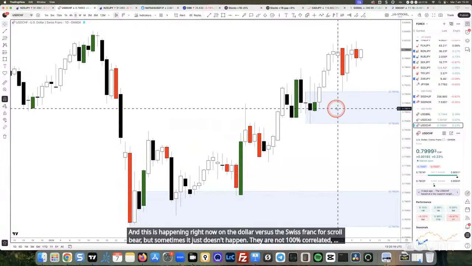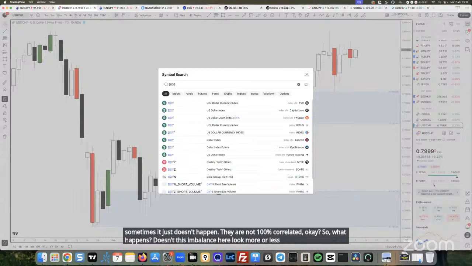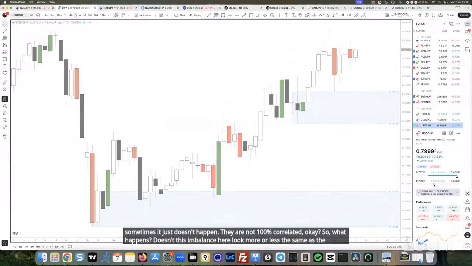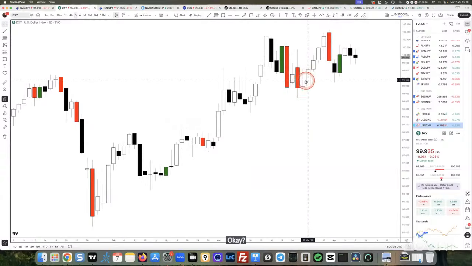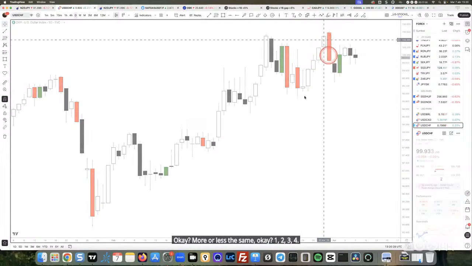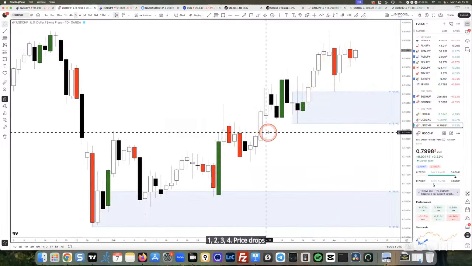So what happens? Doesn't this imbalance here look more or less the same as the dollar index? More or less the same. 1, 2, 3, 4. 1, 2, 3, 4. Price drops, plays out. Same thing.